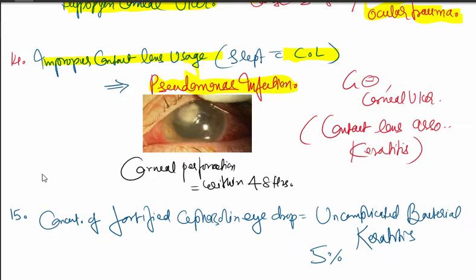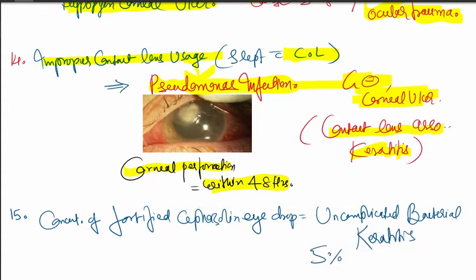So that is a predisposing factor for pseudomonas infection. What is pseudomonas? Gram-negative bacteria, and it causes corneal ulcer. It is contact lens associated keratitis. It can perforate within 48 hours.